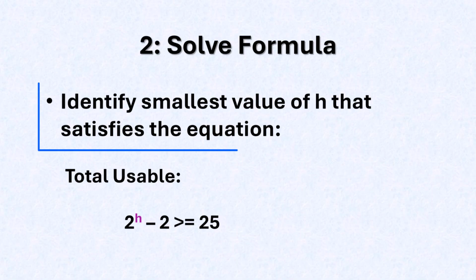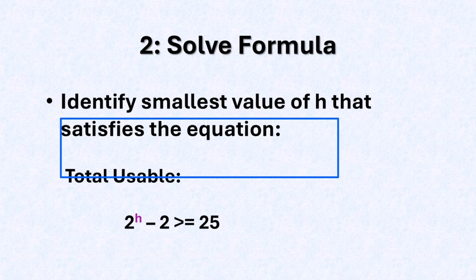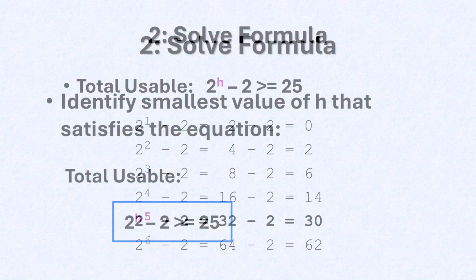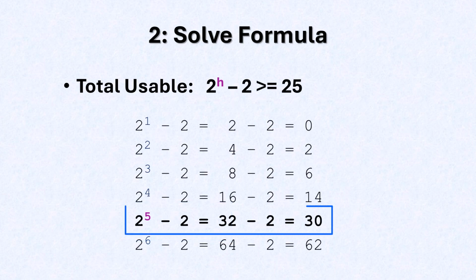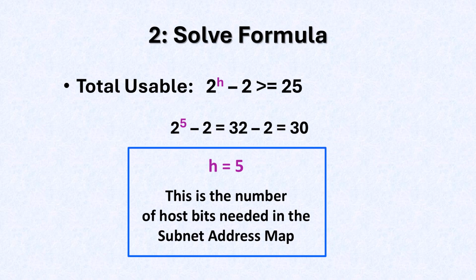We need to identify the smallest value of h that satisfies the equation. 2 to the h minus 2 greater than or equal to 25. A value of 5 for h satisfies the equation. This will give us 30 usable addresses per subnet. This means we need 5 host bits in the address map.